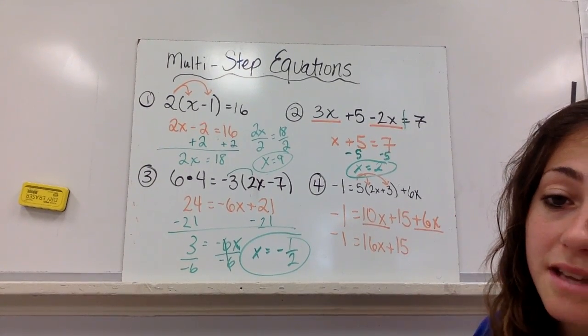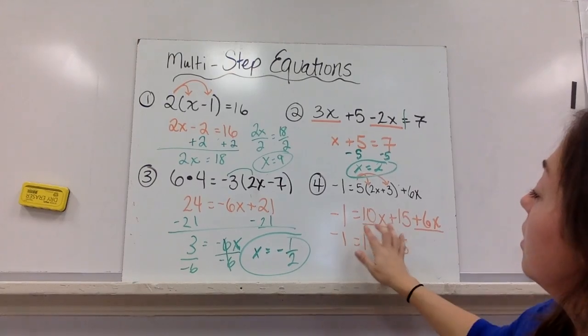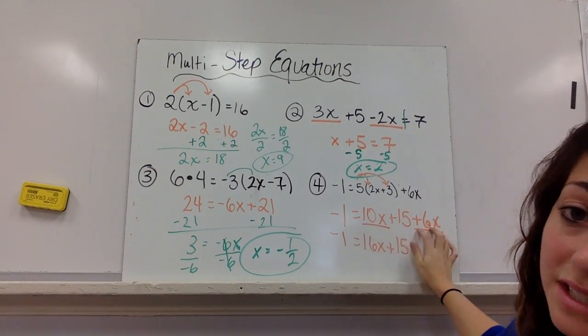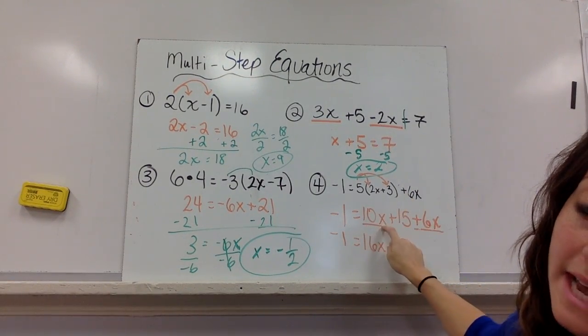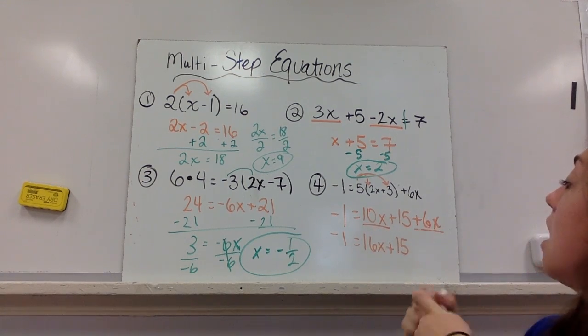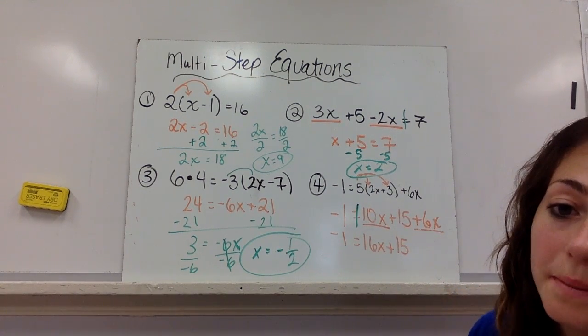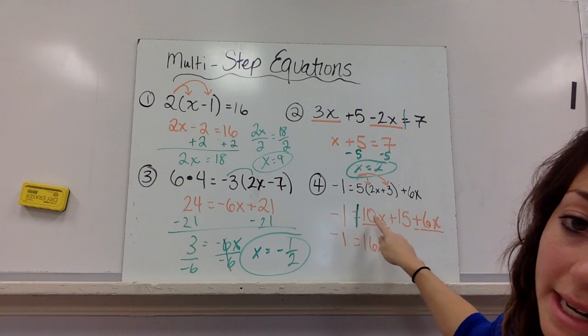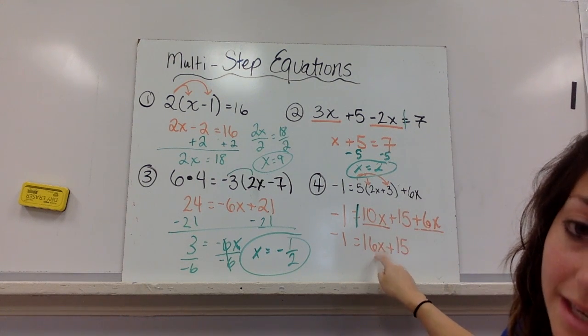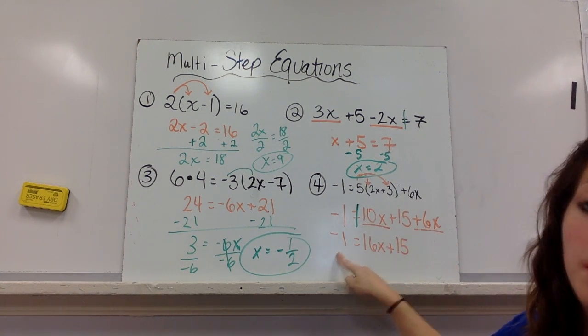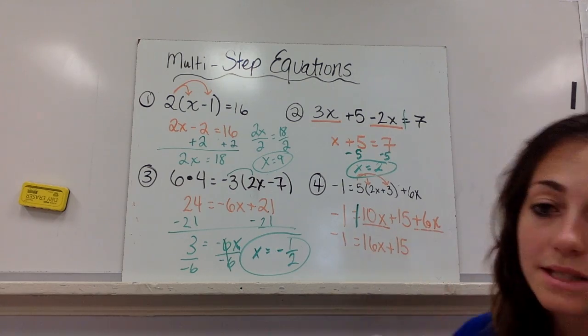And then adding the 6x, it just stays on. Now I've got more things to do. It's like number 2. I've got a 10x and a 6x on the same side of my equal sign, so I've got to combine them. 10x + 6x is 16x. So now I have -1 = 16x + 15.